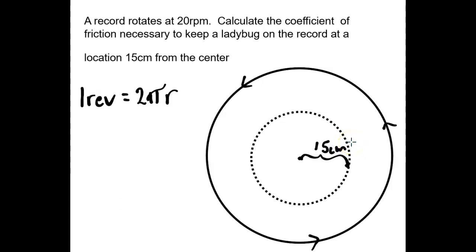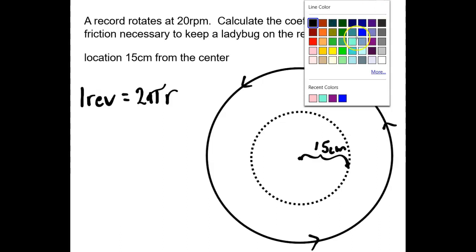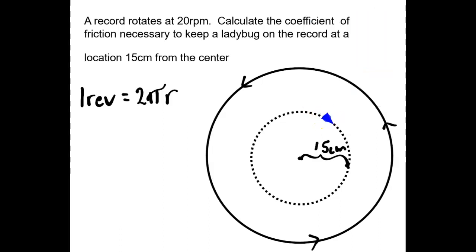And so one of the first things that I'm going to need to do is calculate: how do I calculate the speed that this ladybug is traveling as they're going around this circle? Well, that speed is going to be distance over time.